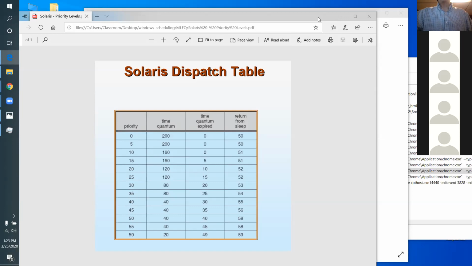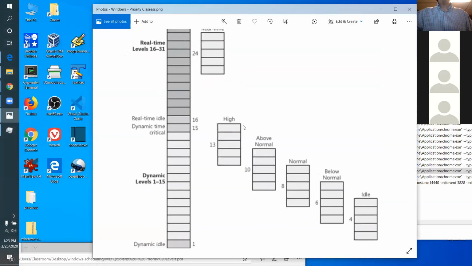Microsoft probably thought it was good to be able to say, well, we have a certain process that we think is more important than some other processes. So even if a process is IO bound over here, this IO bound process that's in this band, he isn't more important than a CPU bound process over here. Okay, so this IO bound process is treated about the same as this CPU bound process.